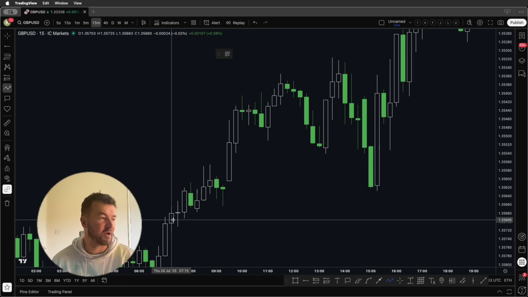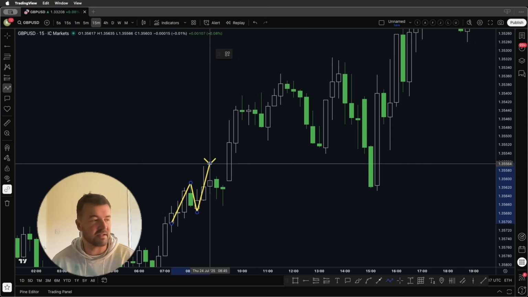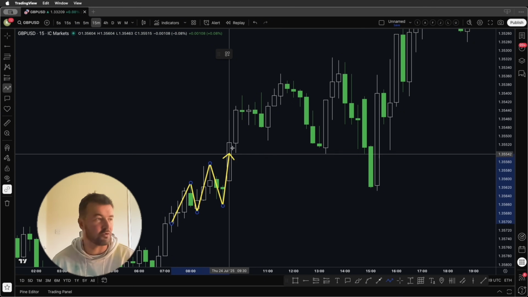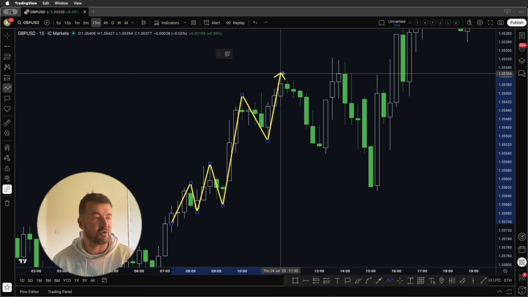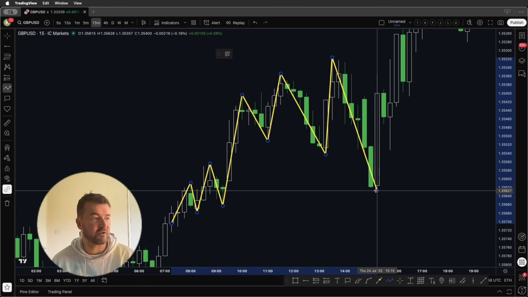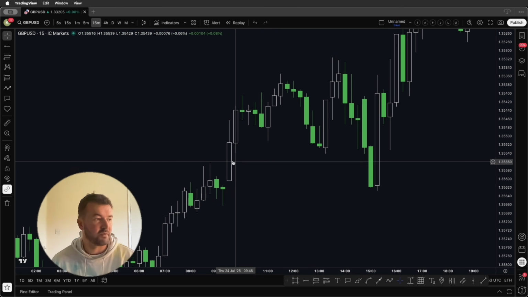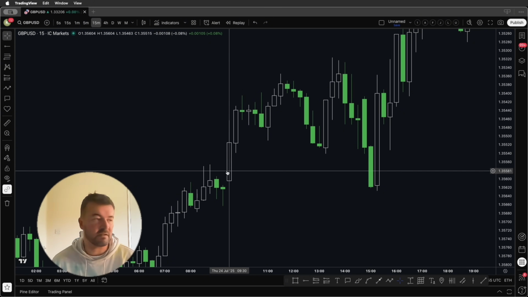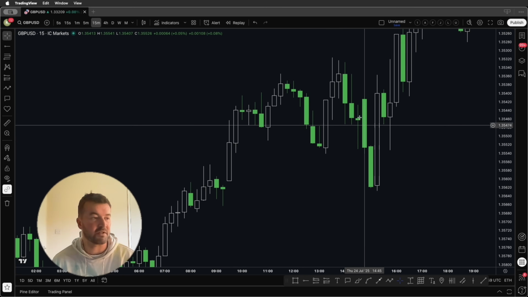You could be really precise with this, but I wouldn't recommend counting every single pullback, because you'll drive yourself wild getting stopped out if you're moving your stops too closely. But this is how the market moves before it comes down, taps into the order block and goes. So what have we got? We've got the imbalance being formed here due to the impulsive move, and we've just had to wait for the market to run out of steam.